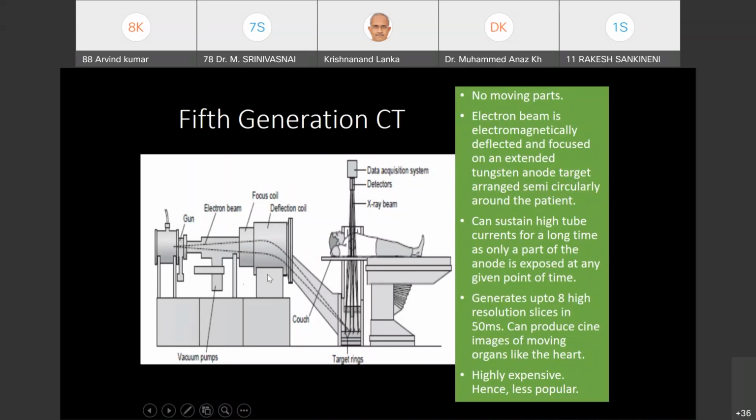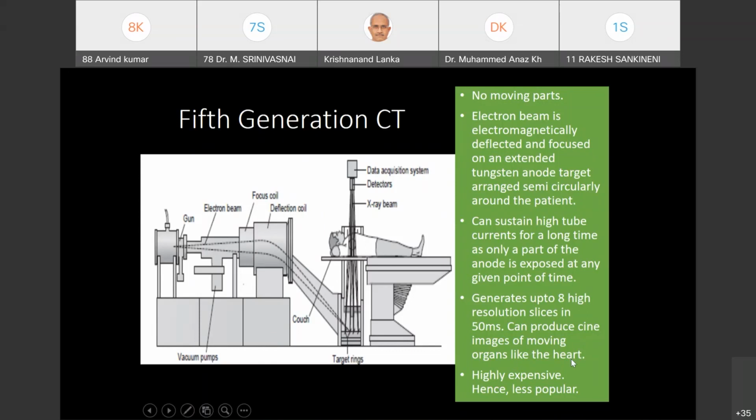Using an electron beam and a deflector, it can sustain high tube currents for a long time, as only part of the anode is exposed at any point of time. So the anode is around the patient, an extended junction anode target. It generates up to 8 high resolution slices in 50 microseconds and can produce cine images of moving organs like the heart.